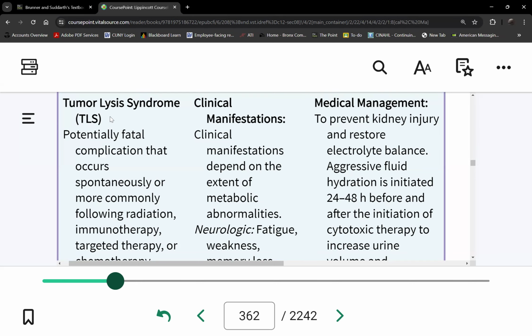What's inside this cytoplasm? Electrolytes. Okay, so there is potassium in there, correct? So what will happen? There will be hyperkalemia. And what will always be a byproduct with cellular death? Uric acid. Okay, so there's uric acid. So two problems here. You have hyperuricemia and hyperkalemia in severely high levels.